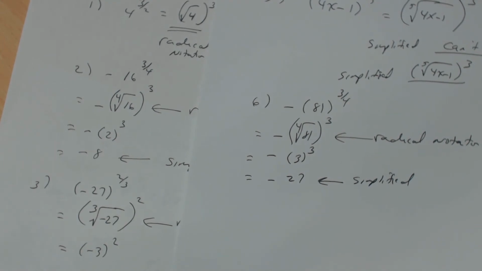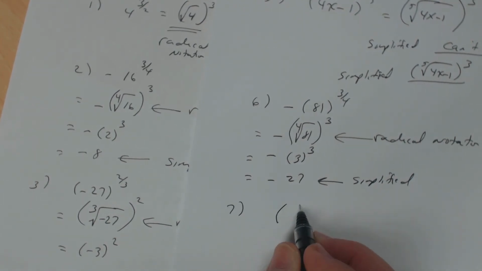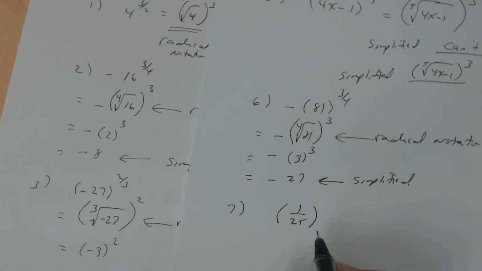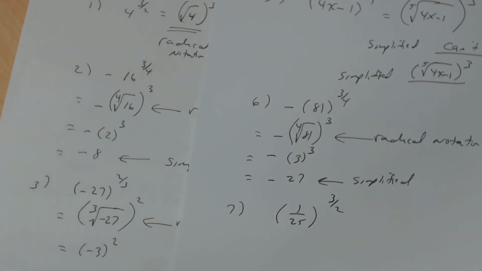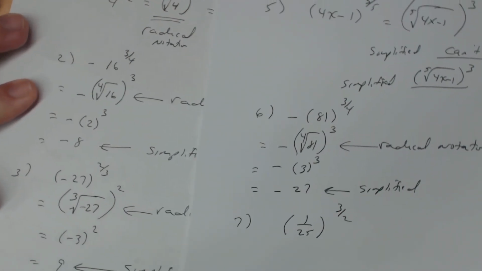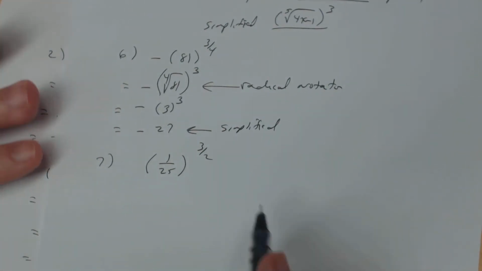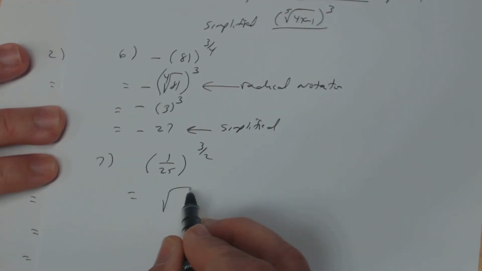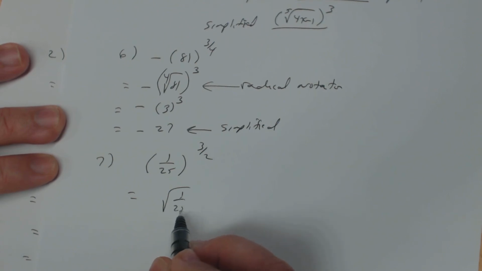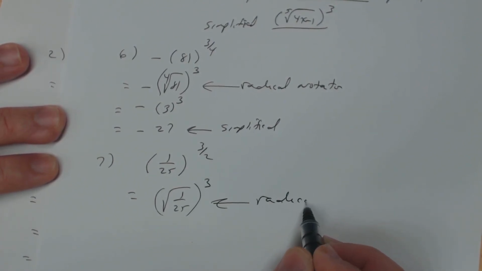Okay, so let's look at one more, 7. Suppose we had 1 divided by 25 raised to the 3/2. So again, don't make it difficult. That kind of looks like one we did earlier, I guess number 4. So that's going to be the square root of 1 over 25, all raised to the third power, so that's your radical notation.